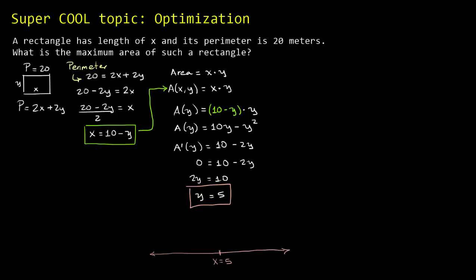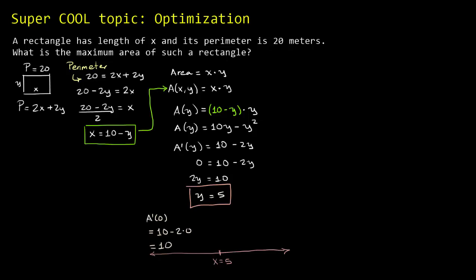I'm going to pick A prime of 0 just because I think it's simpler, although it might not make much sense because we are talking about an area and a perimeter. A prime of 0 is 10 minus 2 times 0, and we end up with 10.